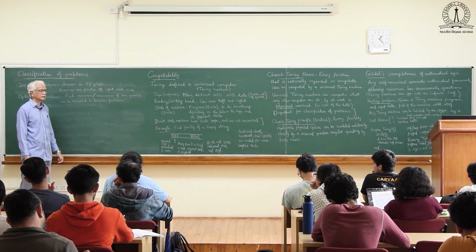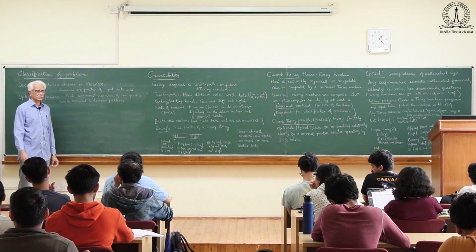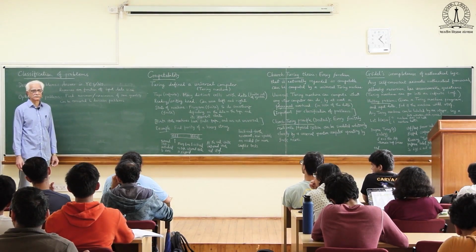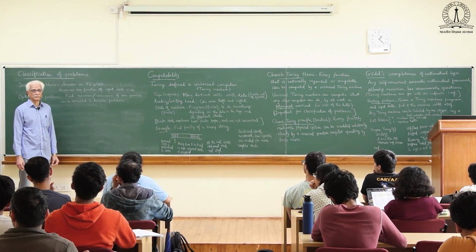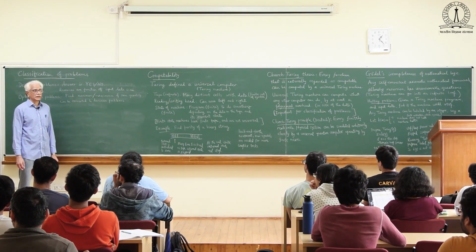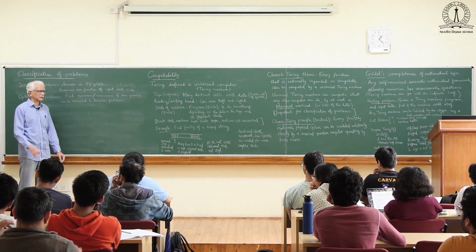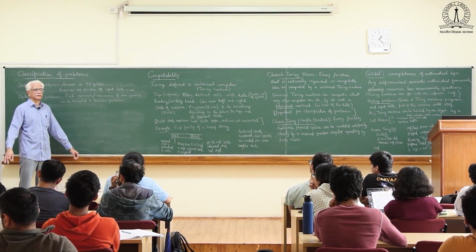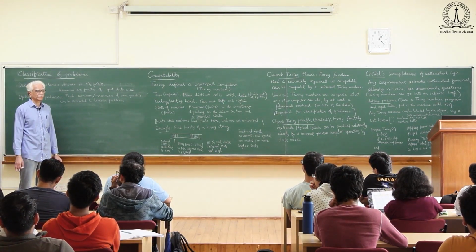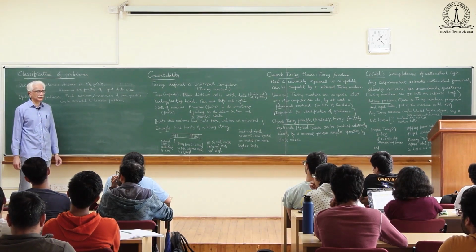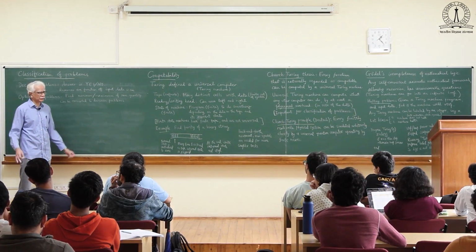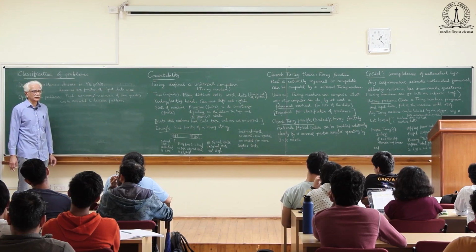Say I want to calculate the value of pi. It's not a decision problem. But I can figure out by some way or the other that the value of pi is between 3 and 4. It requires some background estimates. It will be very crude. You are just looking for a bound.